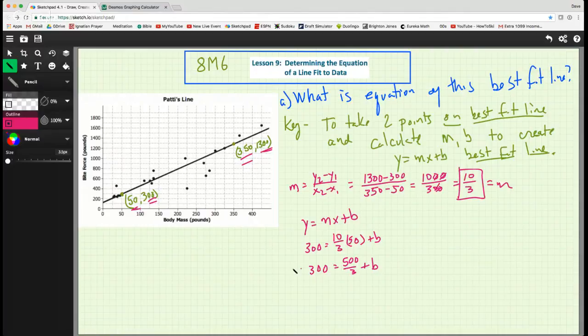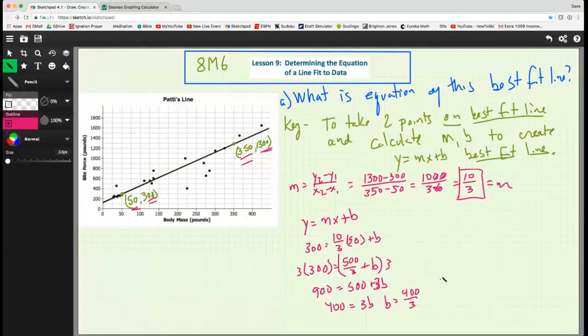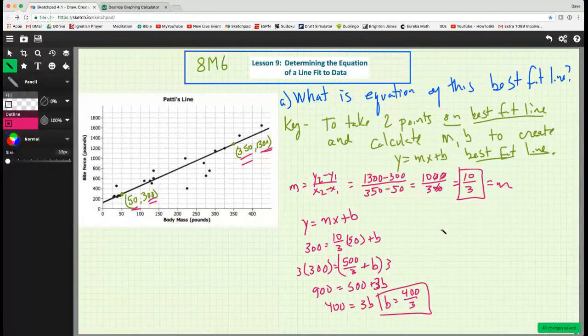So let me just multiply both sides by 3 to make this easy. 900 equals 500 plus 3b. So 400 equals 3b, so b equals 400 over 3. So y equals 10/3 x plus 400 over 3. So there's our best fit line.